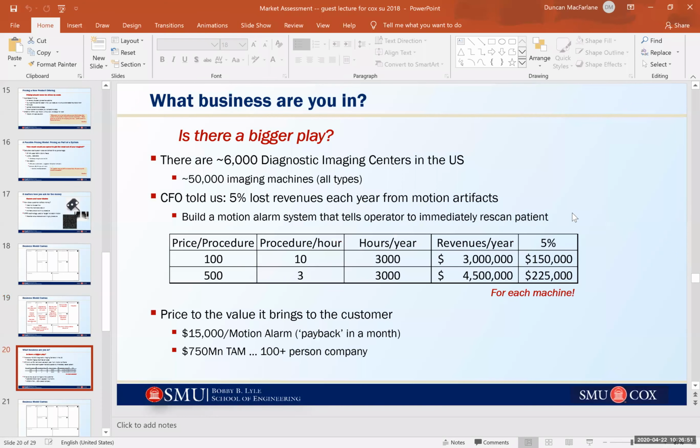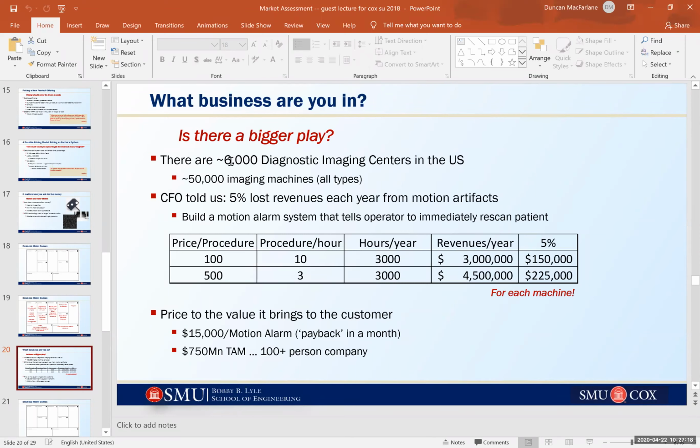So the question to ask is, what business are you in? Is there a bigger play that we could do? Is there a higher risk, higher reward option here? So now if you start thinking about medical imaging at large, diagnostic imaging centers, don't just restrict yourself to fMRIs, don't just restrict yourself to MRIs.